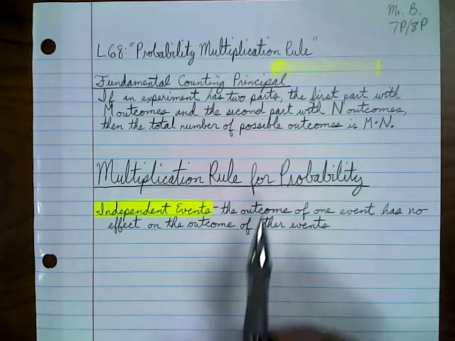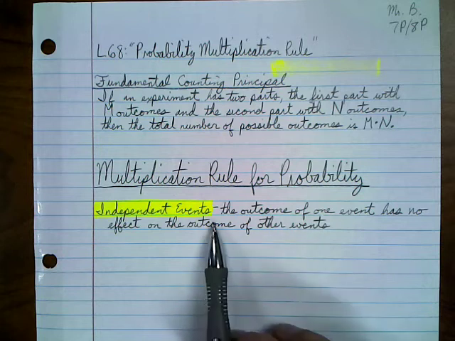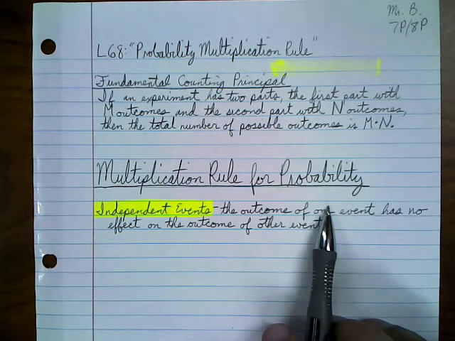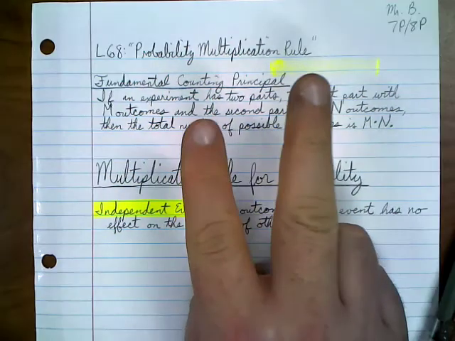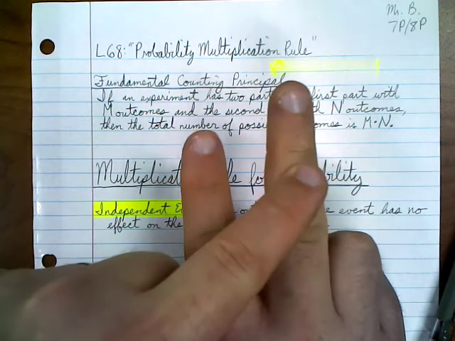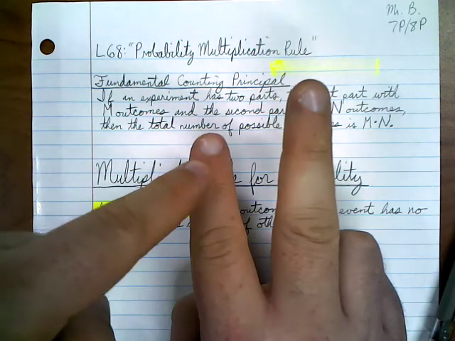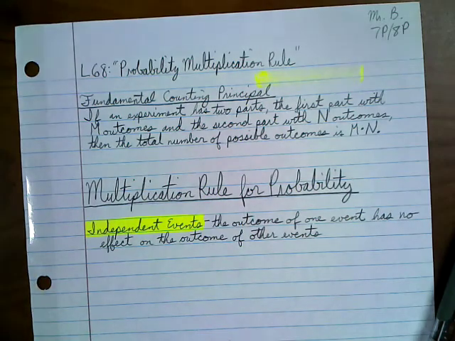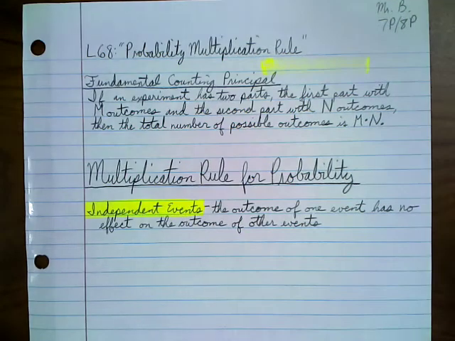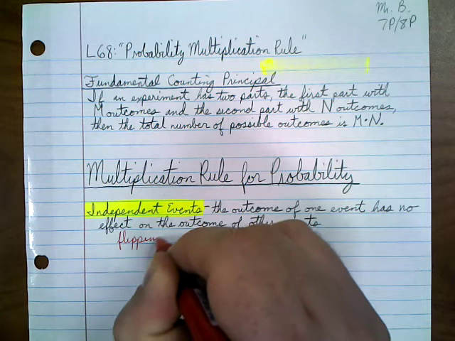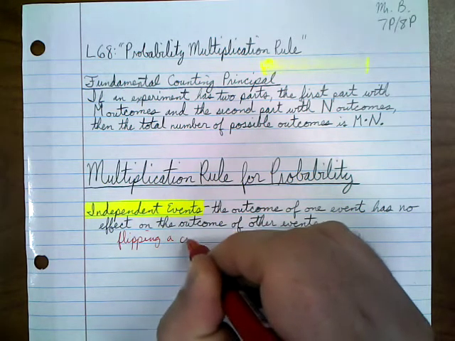So in the case of just two events, if I'm going to do this first and that second, this one does not depend on what happens with the first one. Some good examples of independent events would be flipping a coin twice.